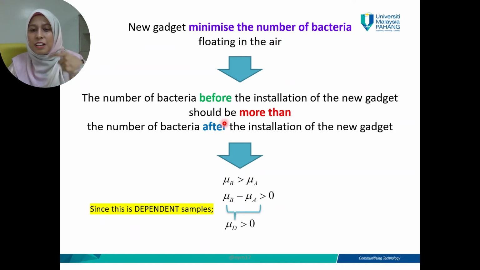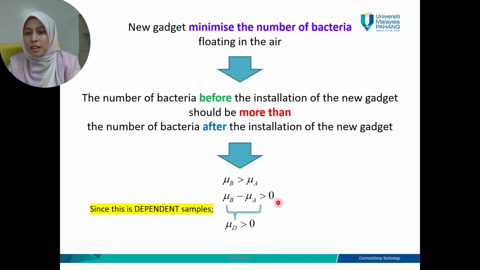Okay, so from here, I get the idea that the population mean of before data should be greater than the population mean of after data. Then I move this to the left hand side and I get that mu b minus mu a is greater than 0.